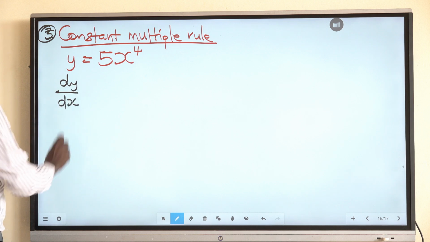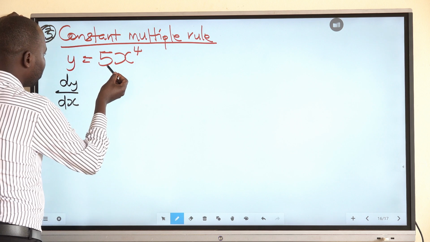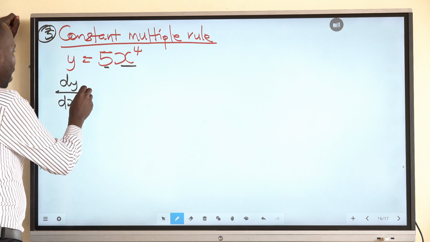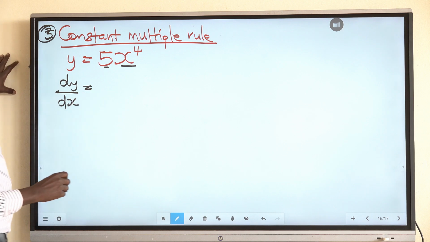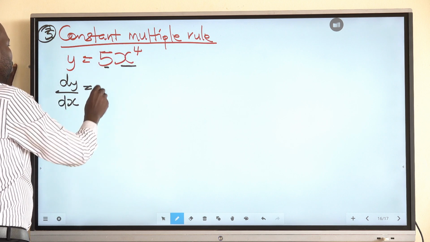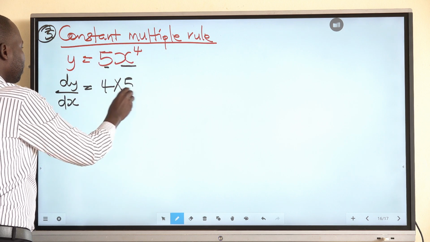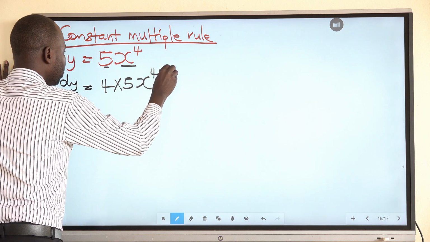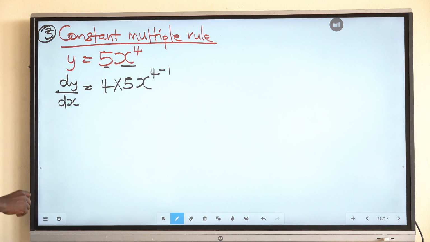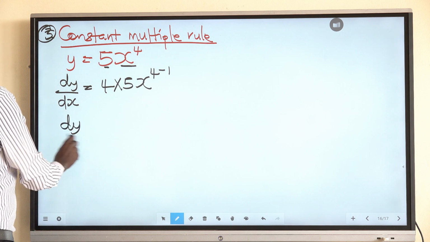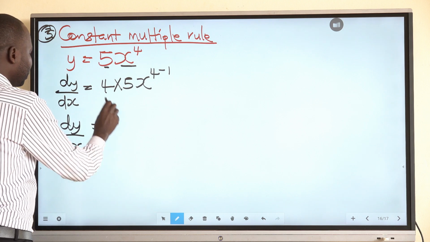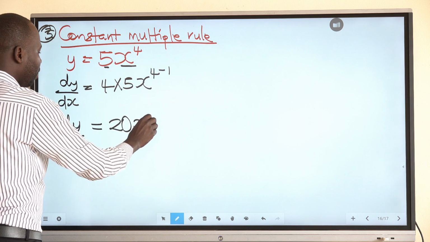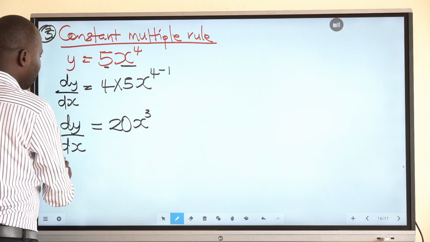What you need to know is that this 5 is the constant and this x is the variable. So applying the constant rule and the power rule, we bring the 4 and multiply by 5. Then the x, which is a variable, we reduce the power by 1. Now dy dx gives us 4 times 5, that is 20, x, and the power 4 reduces by 1 and it becomes power 3.